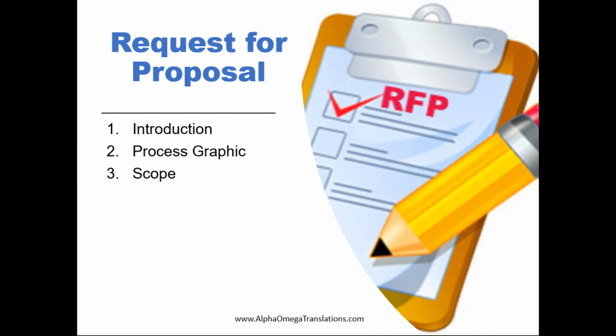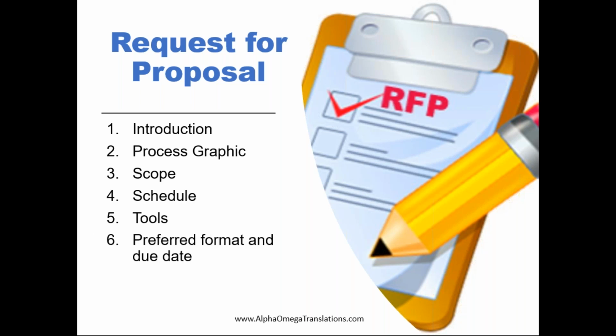We'll go over these in a little bit more depth on the next slides. But the pieces of an RFP include an introduction, a process graphic, the scope, the schedule, the tools, and the preferred format and due date, as well as any other contract information. And of course, supplemental files. There are always supplemental files.